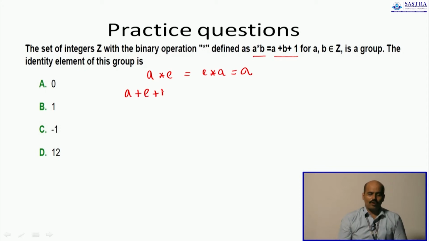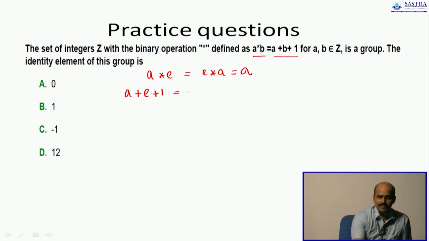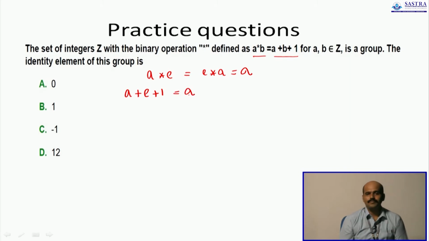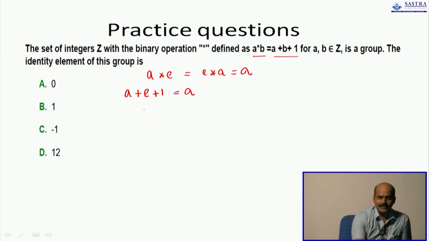So we are looking for an answer for e such that a plus e plus 1 gives us a back. Since addition is being performed, I can try and find e by adding minus a to both sides of this equation.